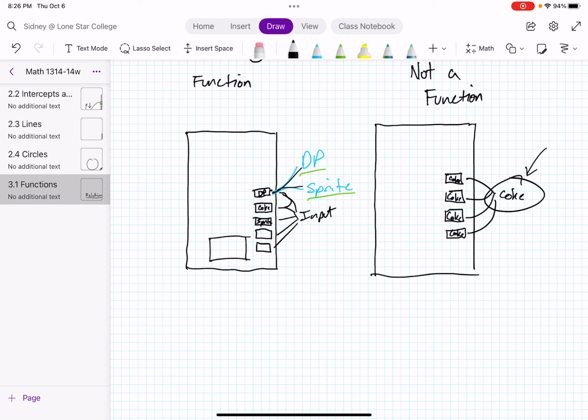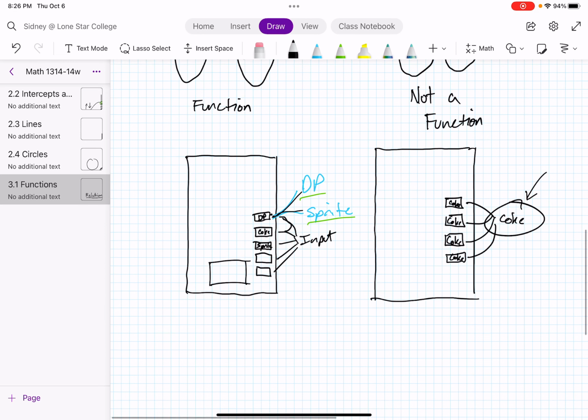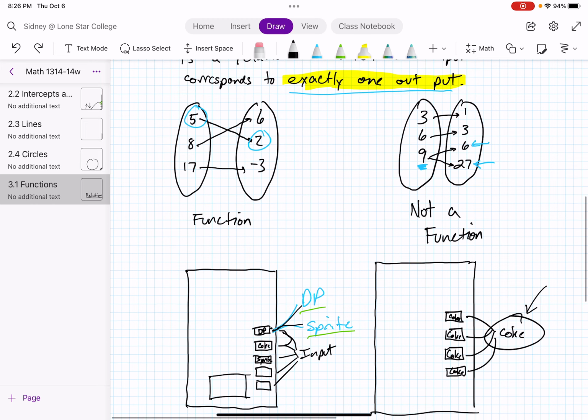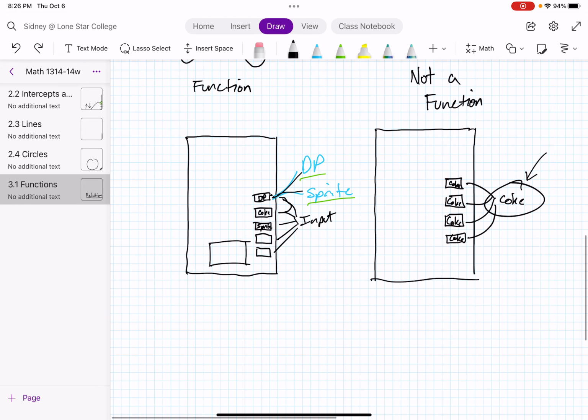Each input is used exactly once, and it corresponds to whatever it's supposed to correspond to. So a function, as we said, is a relation in which each input corresponds to exactly one output. It is a functioning Coke machine.